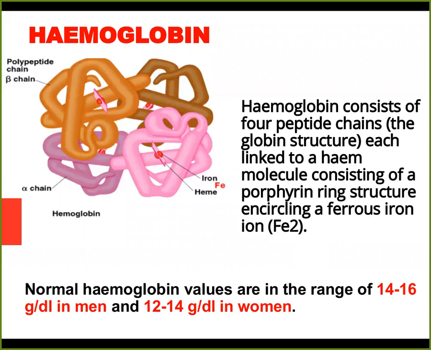Hem is a particle associated with ferrum ions, and these are contact places for oxygen and carbon dioxide. And globin is proteins, 4 molecules of proteins, and these proteins may have slightly different structure. That's why we name them chains.